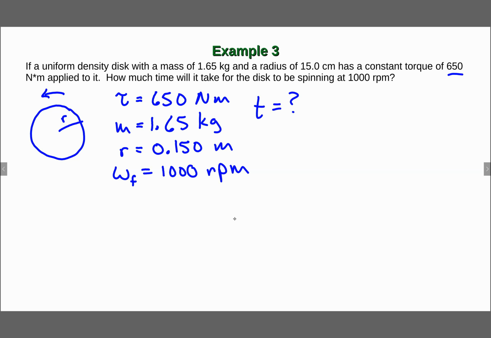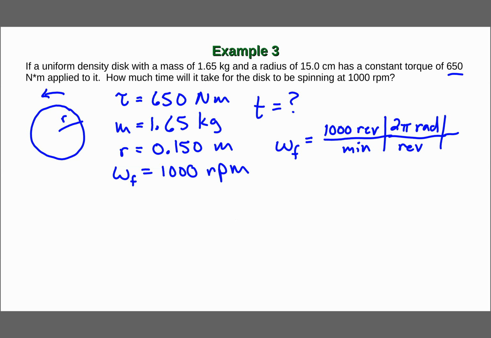So the first thing that I can do here, because I'm going to be finding time, I can change this angular velocity. Well, not just can, I should change this to radians per second. Okay? So omega f equals 1,000 revolutions per minute. And that's 2 pi radians per revolution.